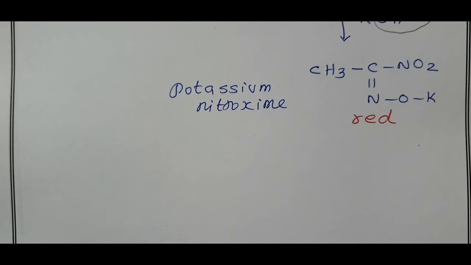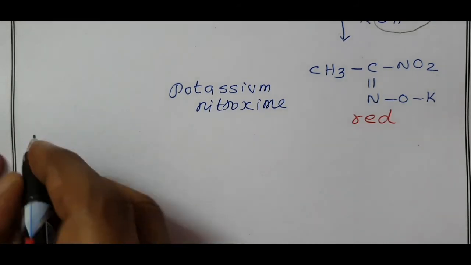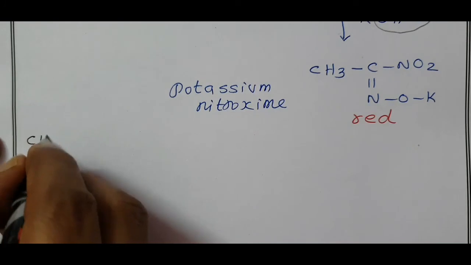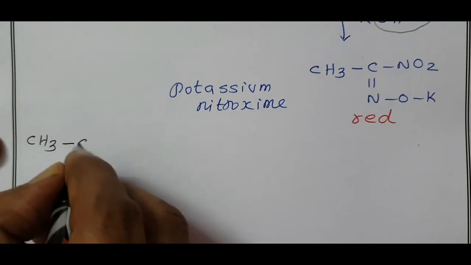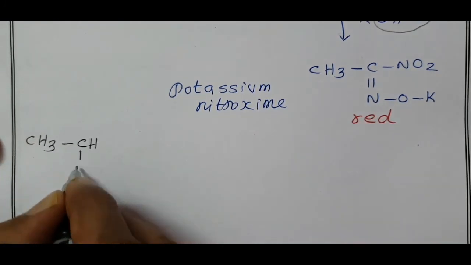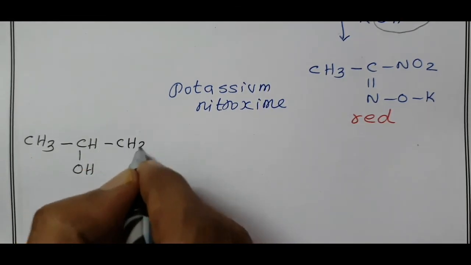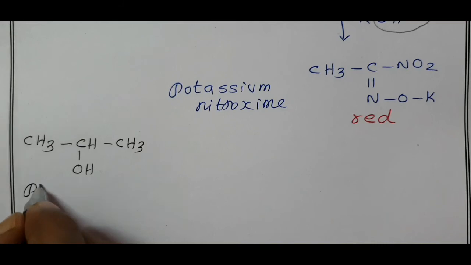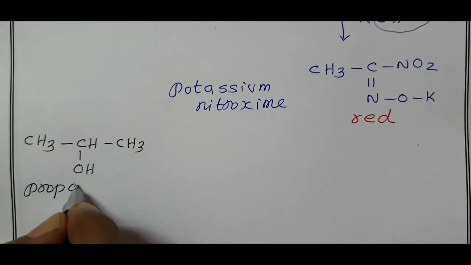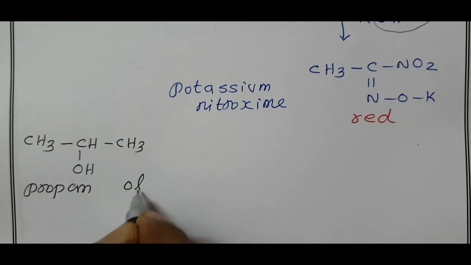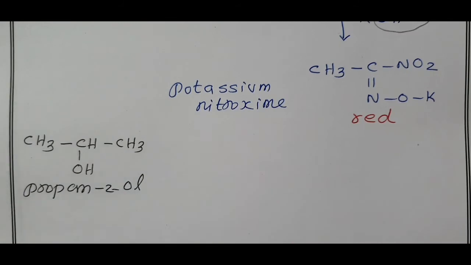An example of secondary alcohol is isopropyl alcohol, 2-propanol, molecular formula CH3 CHOH CH3. Three carbons, prop, carbon-carbon single bond, ane, OH, position of OH is 2.